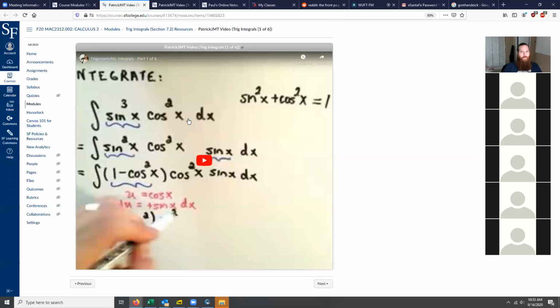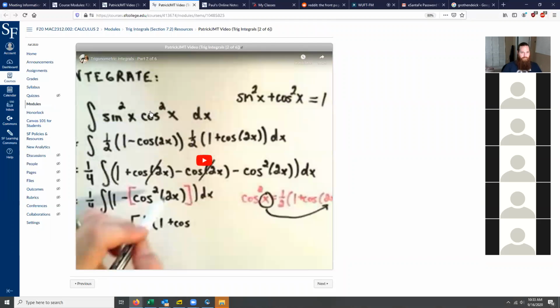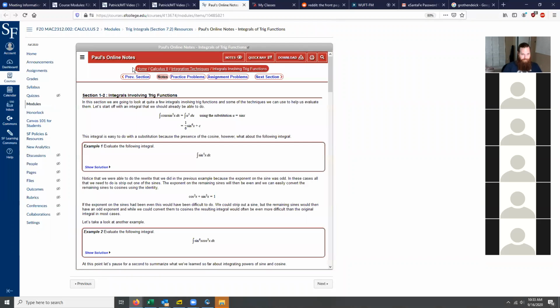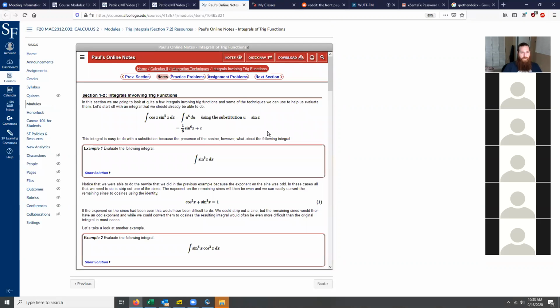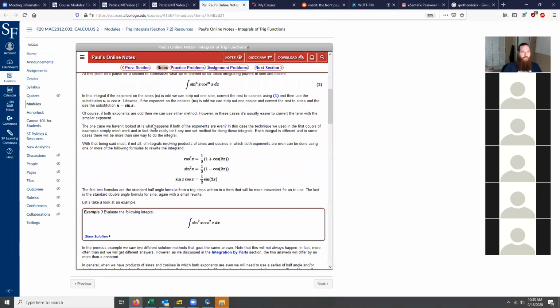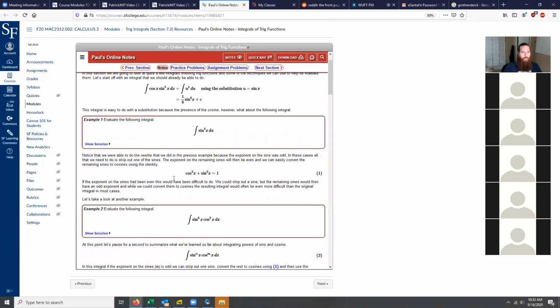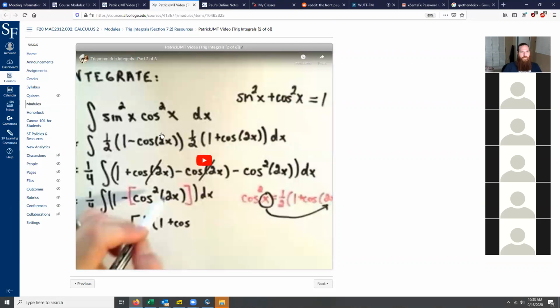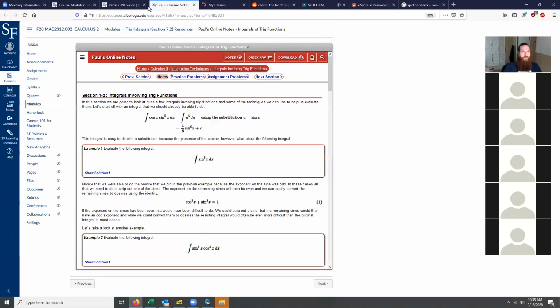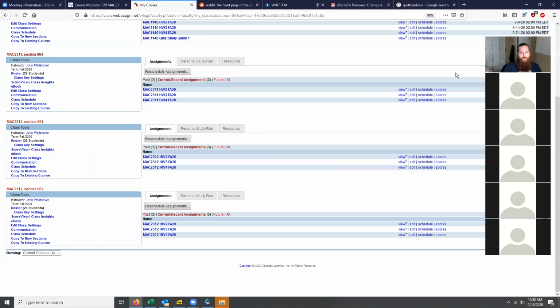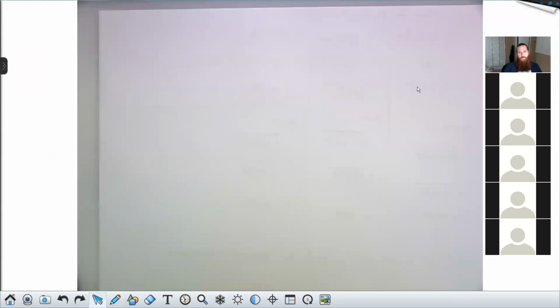Here you'll see him running through some problems of the sort that we've been doing. And then Paul also breaks down the stuff that we've talked about in words, written out. So if you prefer to read, I would look at Paul's. If you prefer to watch, I would look at Patrick. But those are really the best that we can offer aside from the office hours that I do. But I do think right now everything has to be remote because of COVID.